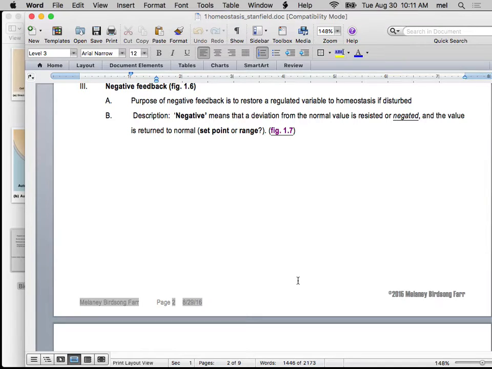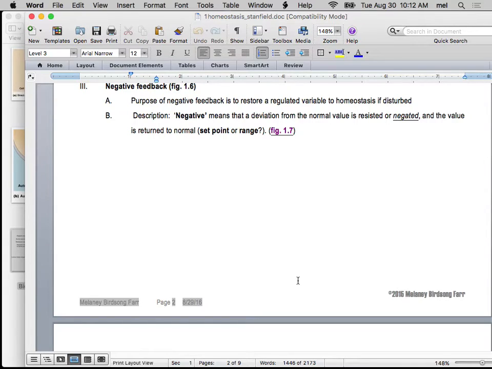I should raise it, right? But if my blood pressure went too high, I should bring it back down. So the negative in this instance doesn't even tell you which direction you're going. What it tells you is that I am going to oppose or negate the change, right? So whatever direction the variable was changing in, I am going to act in opposition to that. So it doesn't mean lower and it doesn't mean bad.